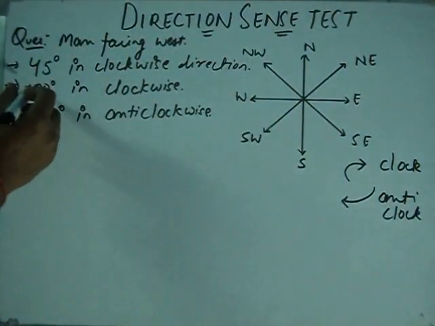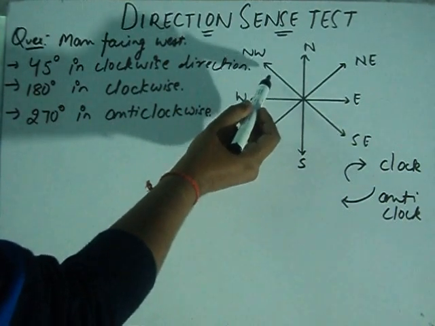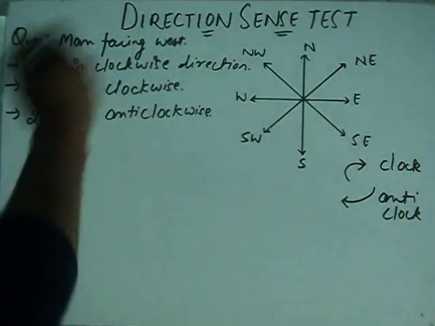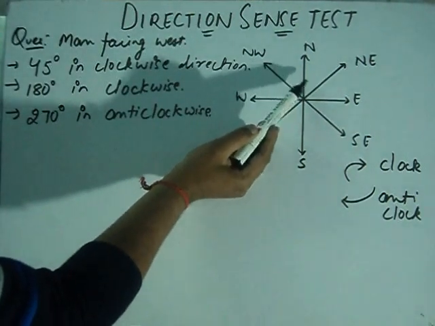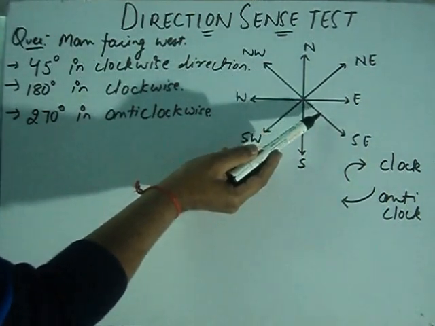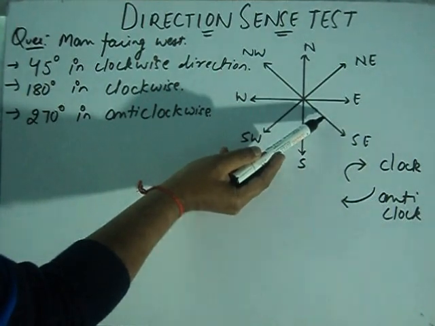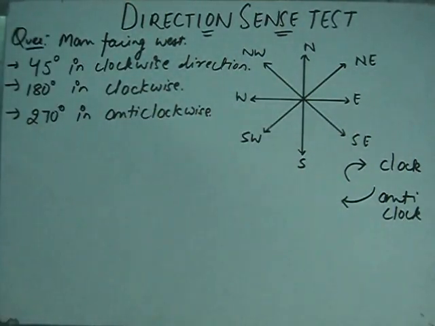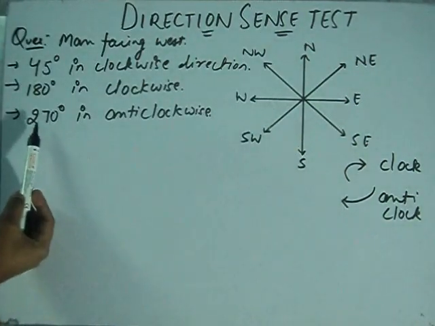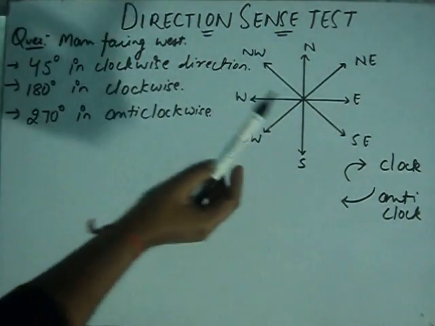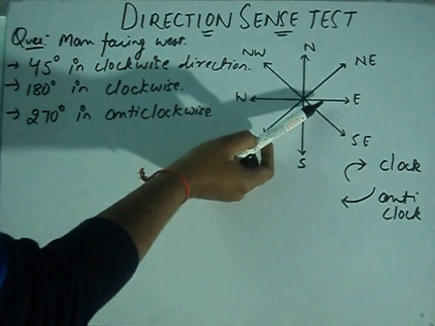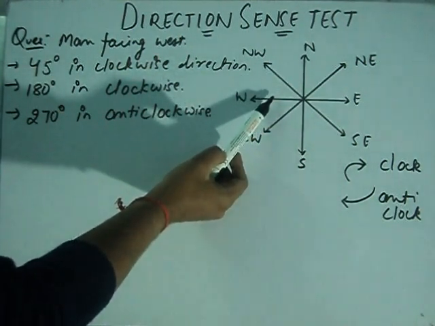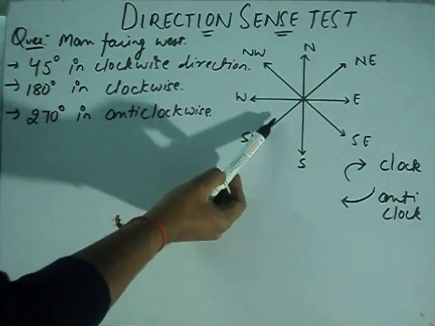He is now here, and after that he takes 180 in clockwise, means 45, 90, 135, and here is 180. Now he is facing southeast direction. After that he takes 270 degrees anti-clockwise, means 45, 90, 135, 180, 225, and then 270.